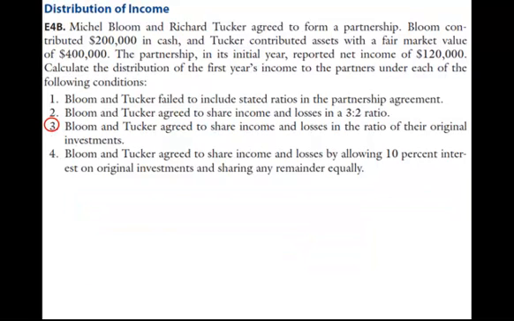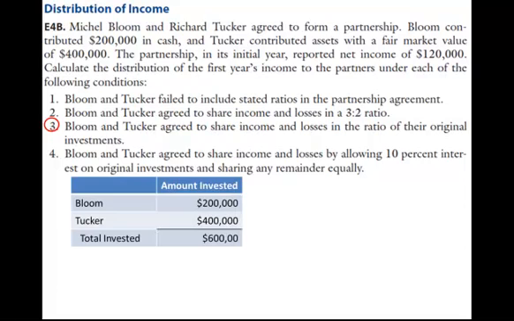In example 3, Bloom and Tucker agree to share income and losses in the ratio of their original investments. So for this one, we have to calculate what their ratio is based on their original investments. Bloom invested cash in the amount of $200,000 and Tucker contributed assets with a fair market value of $400,000. So together, the total amount invested was $600,000.